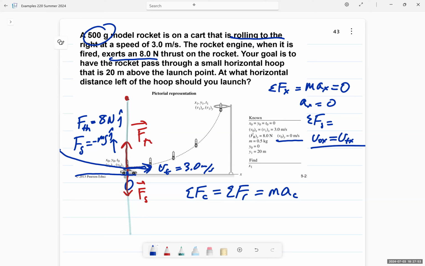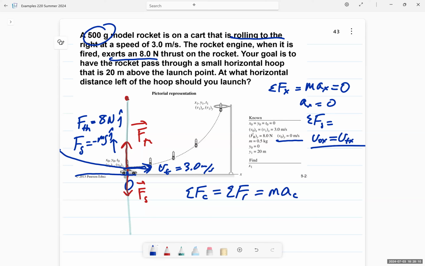But in the vertical direction, velocity will change, where we start with initial velocity in the y direction of 0, because there was no vertical motion until the rocket is launched upwards from rest in the vertical direction.